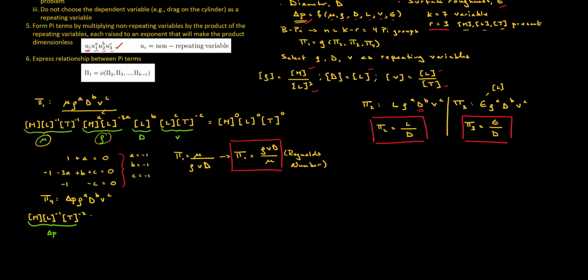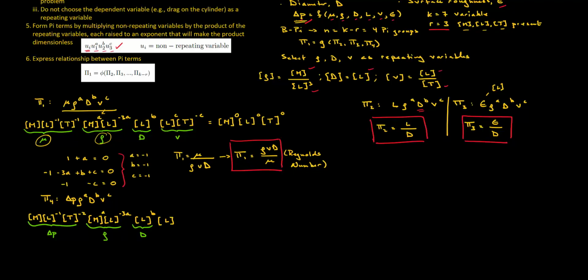We're going to multiply it by the density, L to the -3, and we're going to raise it to the power A, which is unknown. So that's density. Multiply by the diameter to the power B, which has dimensions of L. And then finally the velocity.